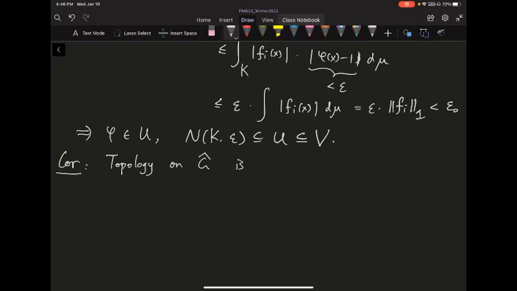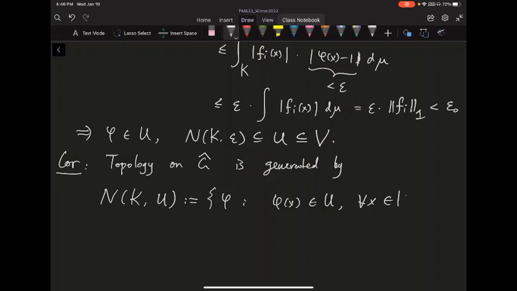The topology on G hat is actually generated by the elements of the form N(K, U), defined as all the phi such that phi(x) is inside U for all x inside some compact set K. Here K is compact, U is an open set in the unit circle, and K is compact in G.